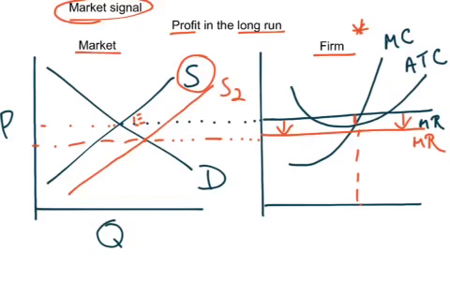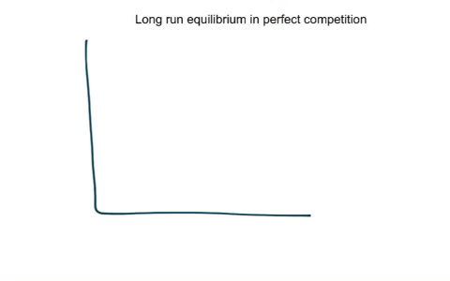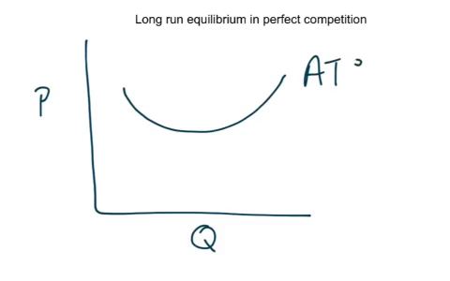What happens though in the long run is that firms will enter and exit, and the low point of the ATC becomes the point of long run equilibrium. So what we're going to draw in here is the point of long run equilibrium in perfect competition. So what we need again is the ATC.